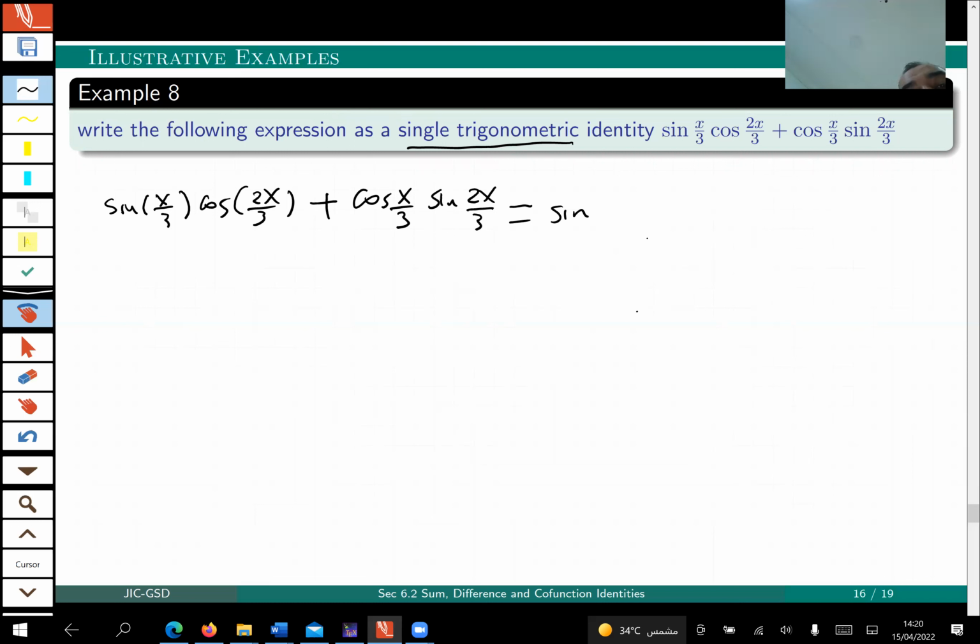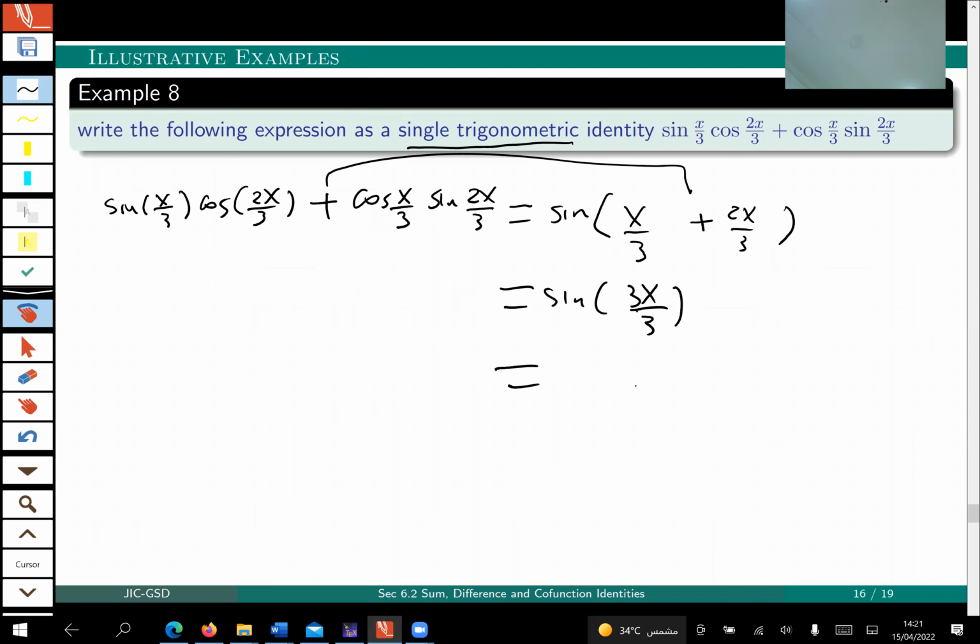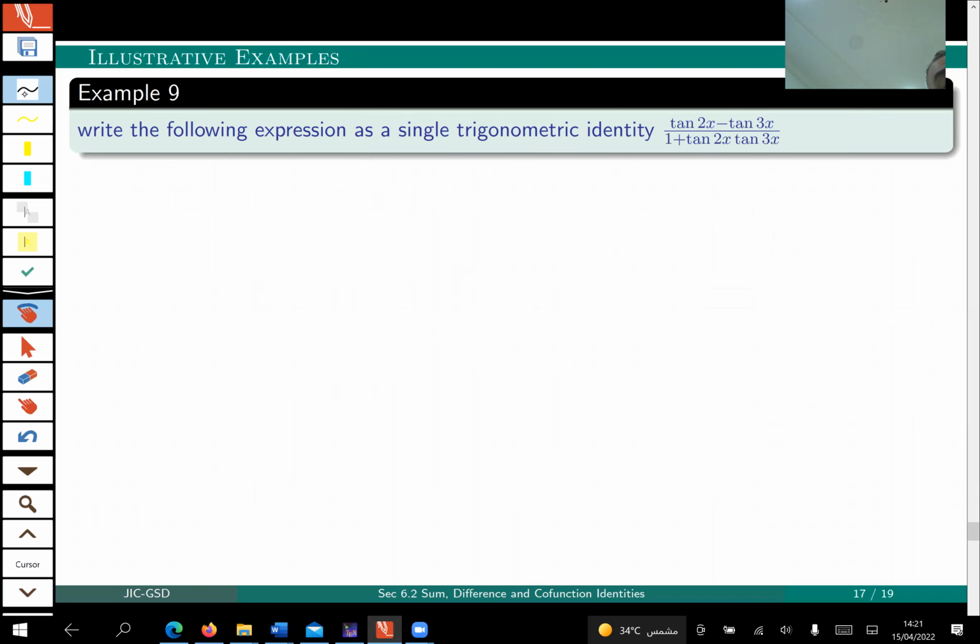We said sine preserves the sign, so if this is a plus, that must also be a plus. The second angle is sine 3x over 3, which is basically sine x. So that's the single trigonometric function requested.